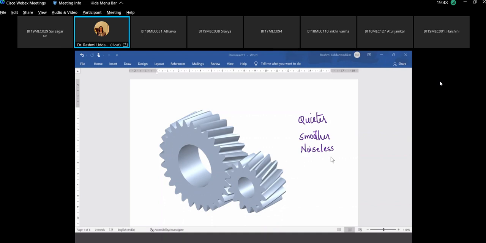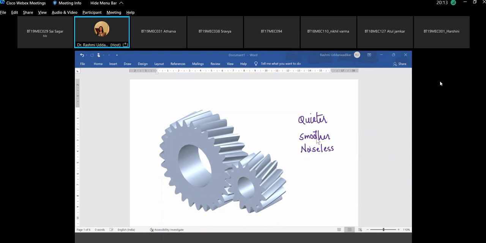So that is the level of quietness and the smoothness when you work with, now here for comparison, in a helical gear as compared to a spur gear. So these days, none of the cars or four-wheelers will have spur gears. They will only have helical gears. Spur gears you would find in industries, in factories where there is no motion.